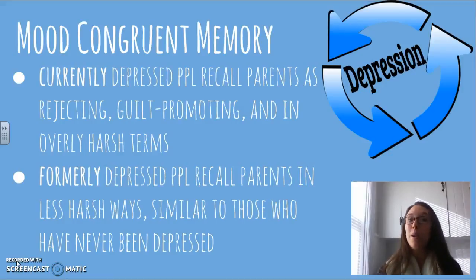Ruminating on depressing memories makes you more likely to become more depressed, and that makes you think of even more depressing memories, and it just kind of snowballs. There's some research that has looked at individuals who are currently depressed versus formerly depressed, and what they find is that their recall for memory is drastically different. So this is just a suggestion of one little cognitive component for depression.